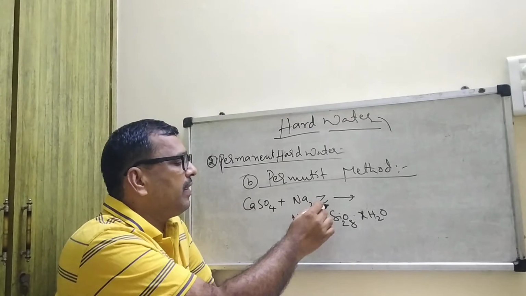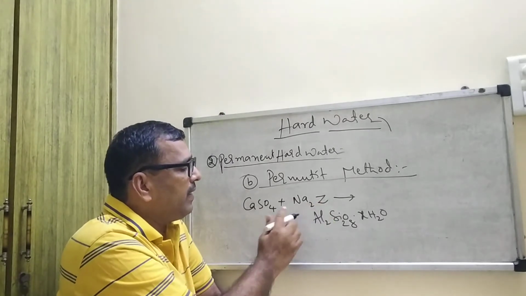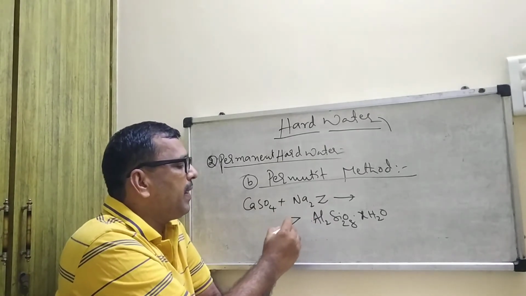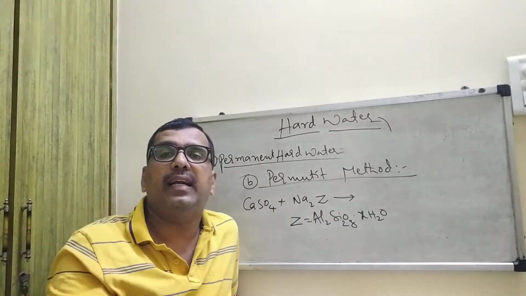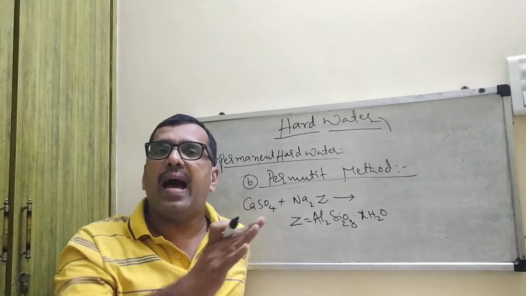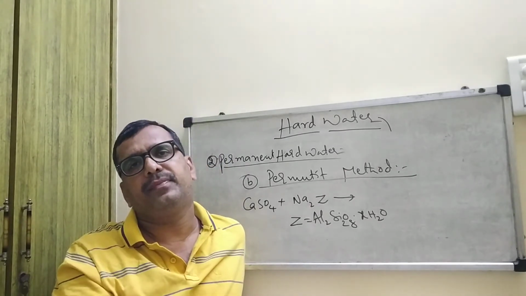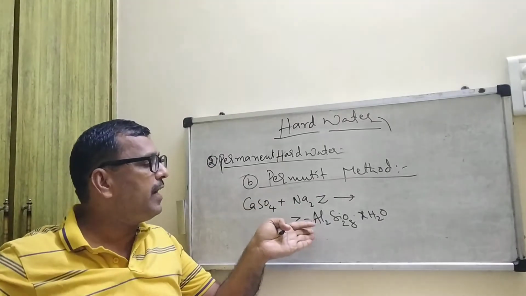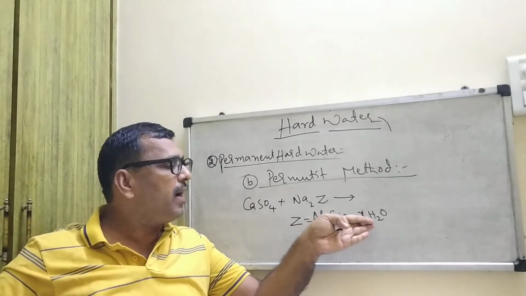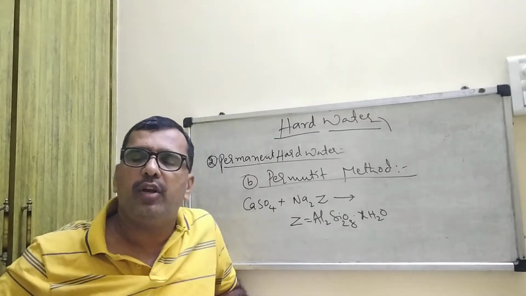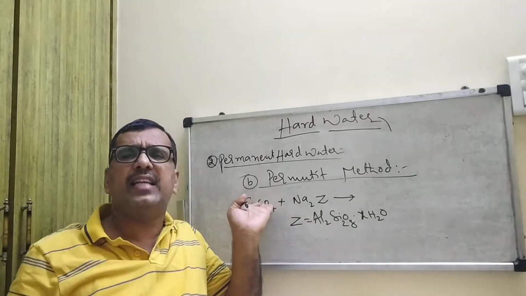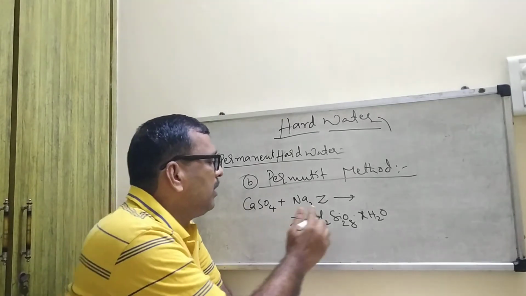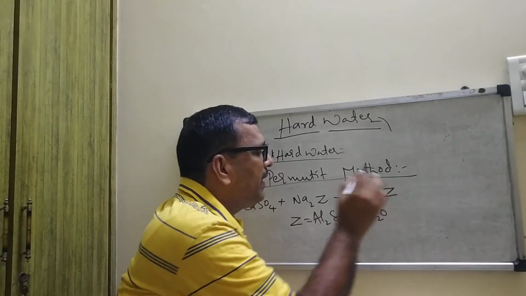Instead of writing this total formula, I would like to write Z. Why? Because the sodium is replaced by calcium. So the zeolite formula is Na2Al2Si2O8·xH2O. If sulfate ions are present in that water, it reacts to form calcium zeolite.